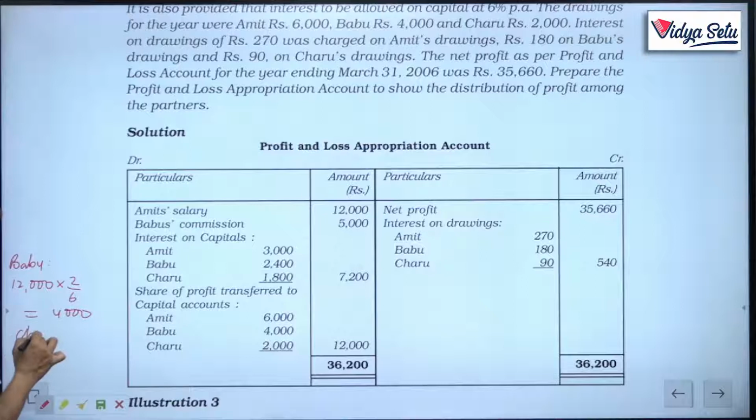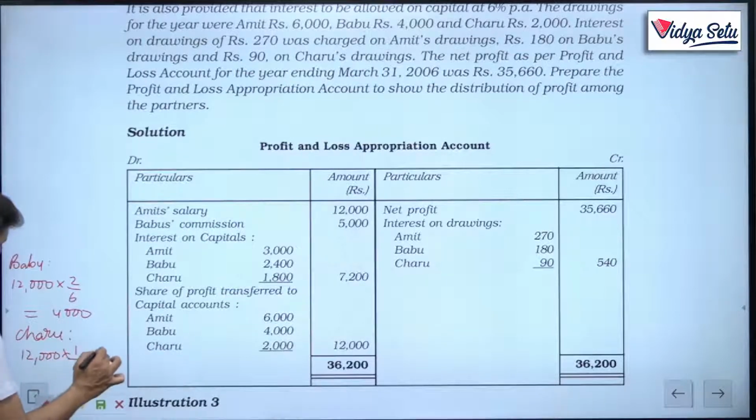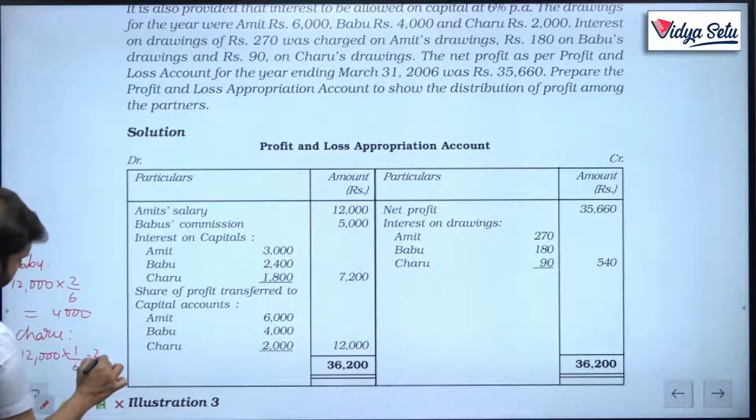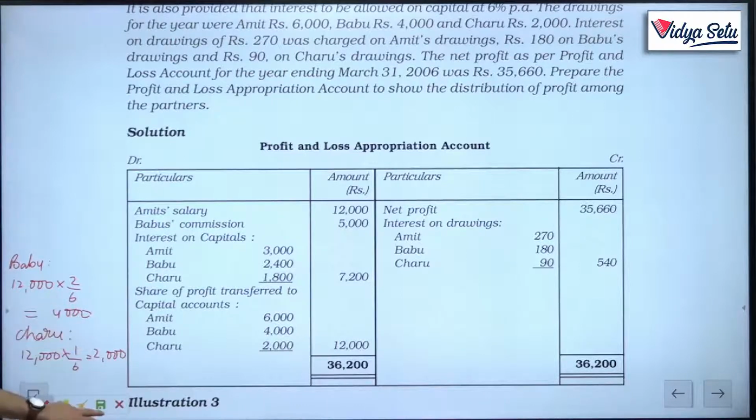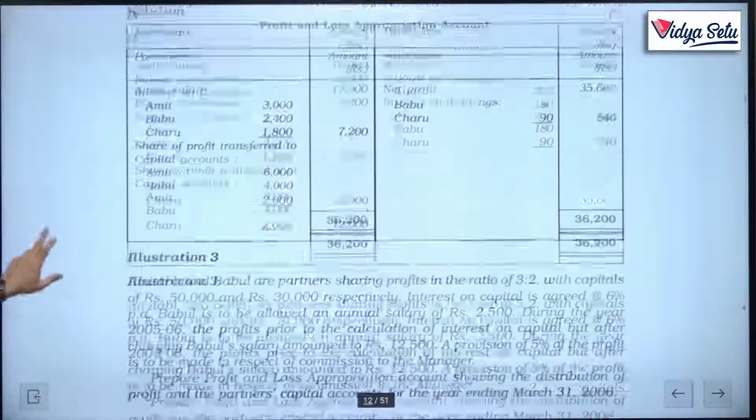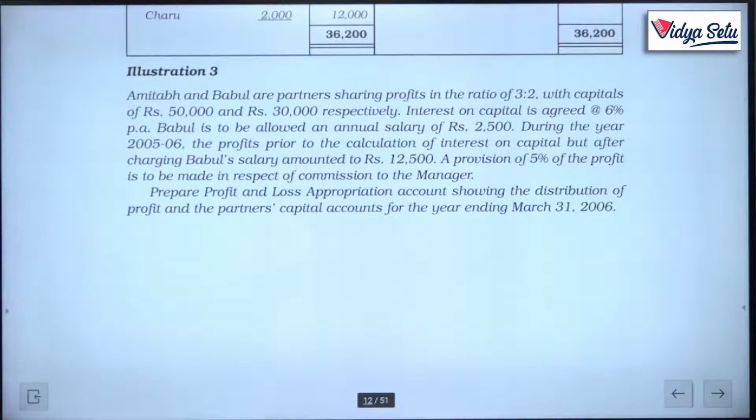And Charu, 12,000 multiplied by 1/6, that comes to 2,000. Like this, we just calculated the net profits. A very simple one.